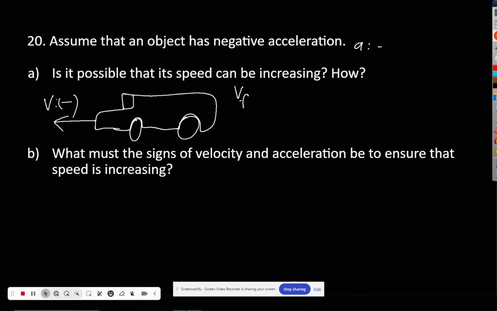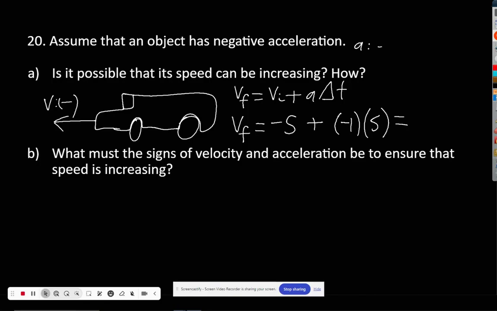If I wanted to prove that with an equation, here's how we calculate final velocity. Let's say that our initial velocity was negative 5 meters per second. We've got a negative acceleration of, we'll keep it simple, negative 1. And we're going to accelerate for 5 seconds.